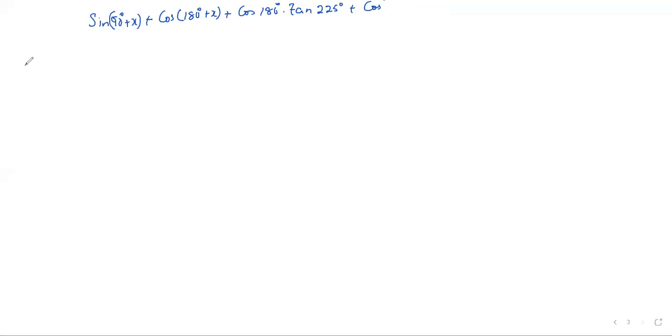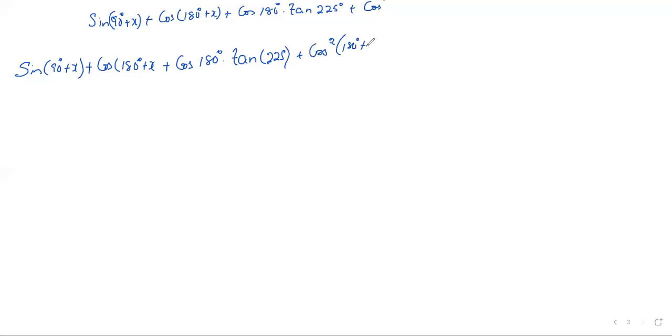Let's write it down here. Rewrite that as sine of 90 plus x plus the cos of 180 plus x plus the cos of 180 multiplied by the tangent of 225 plus the cos squared of 180 minus x.